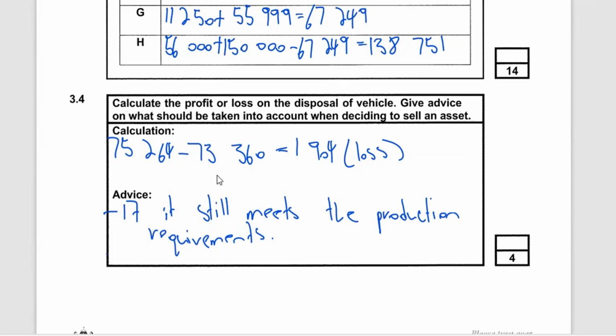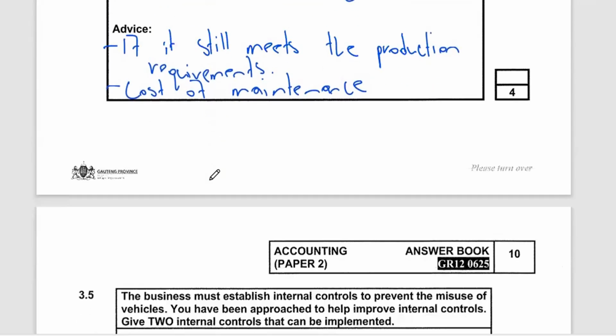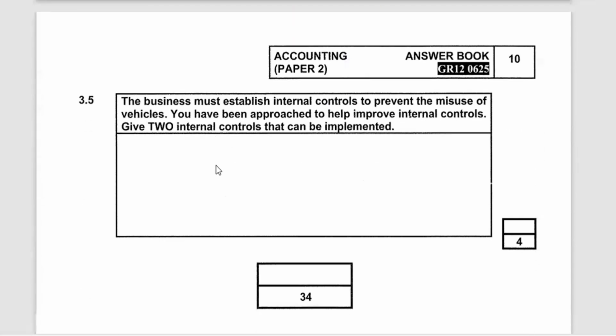Also, we can sell the vehicle if the cost of maintenance is too high. So now we are done.